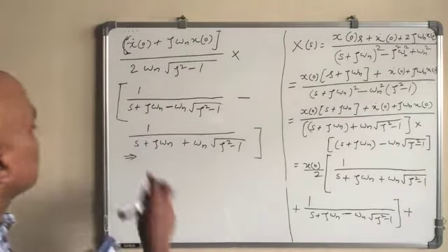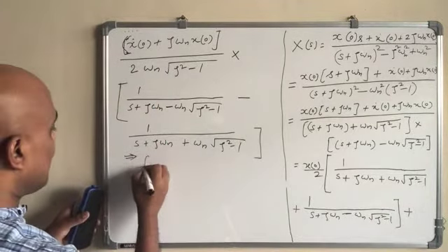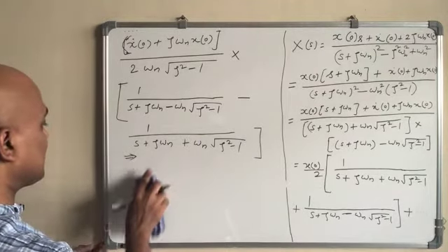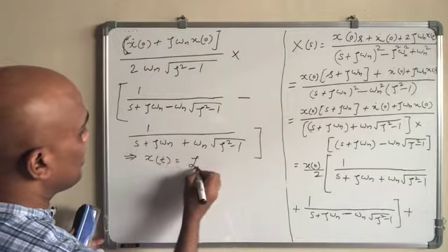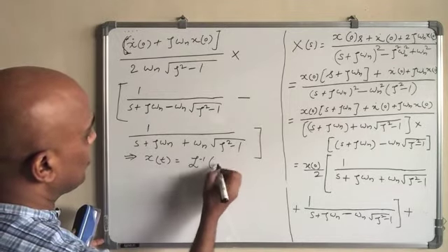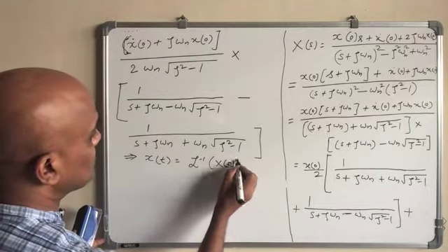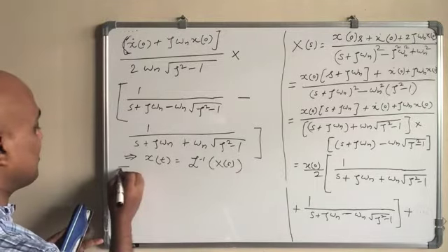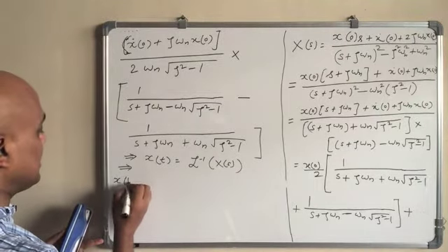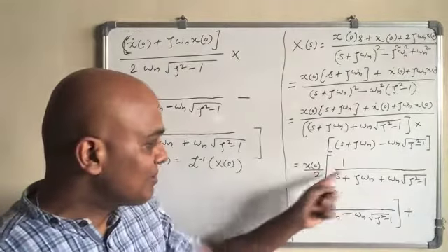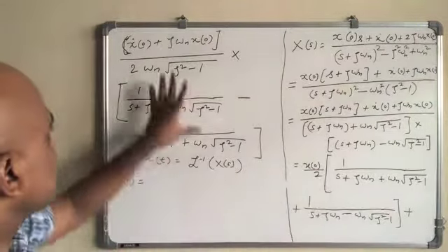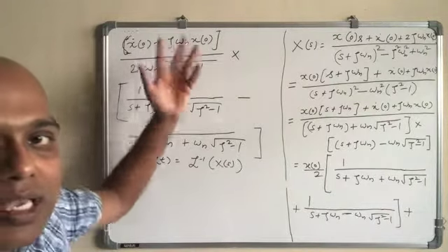So f or x(t) is equal to inverse Laplace of X(s), okay, and hence we get x(t) equal to, first we take the inverse transform of this part plus inverse transform of this part will be the solution.